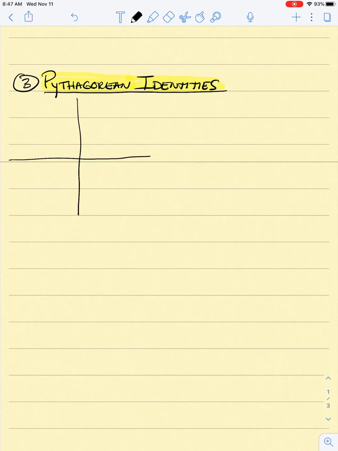Might as well talk about it for a second. So we know our friend the unit circle. I apologize for my bad artwork, but we can make this work. We know the radius on the unit circle to be 1.